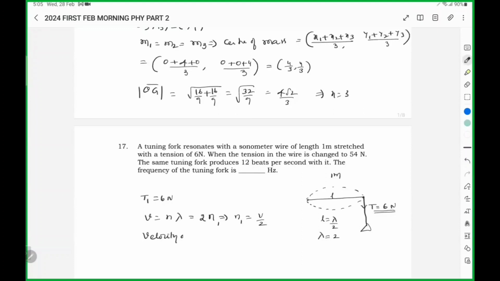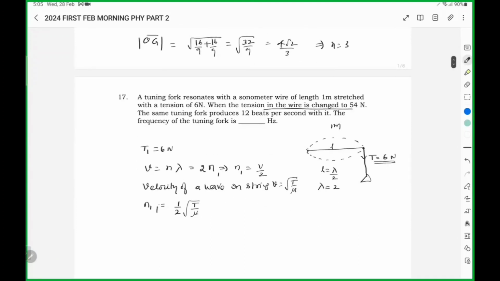The velocity of a wave in a string is root of T by mu. Frequency will be 1 by 2 root T by mu.